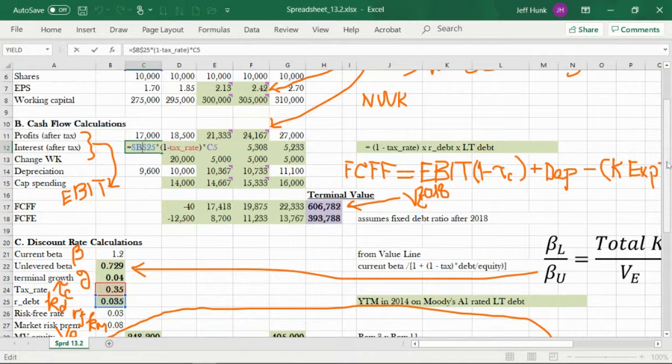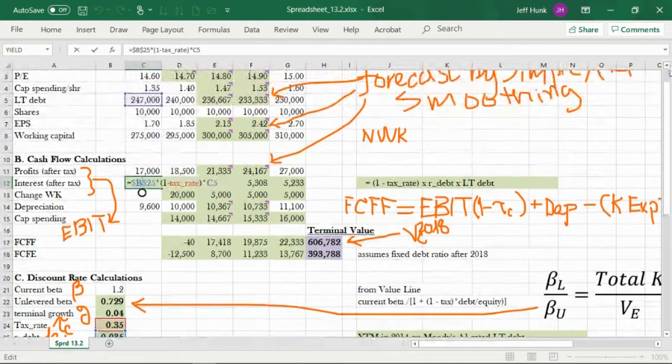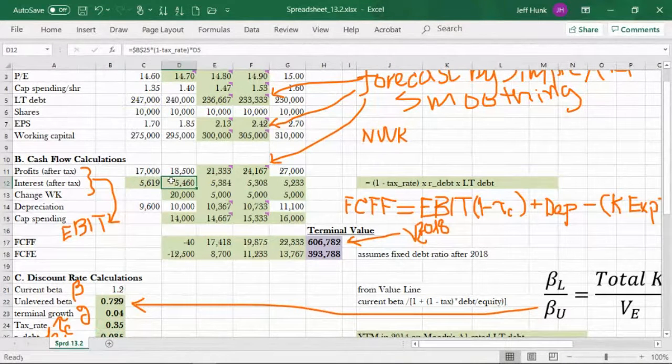So times 1 minus tax rate times the long-term debt, and the rest of it is following the same.